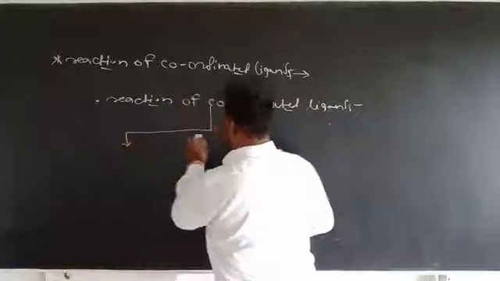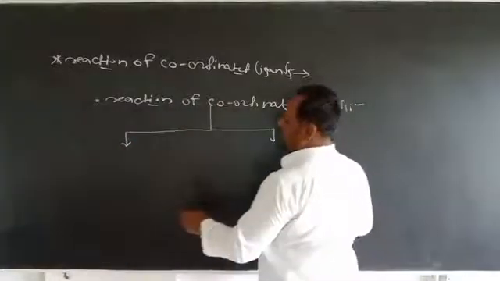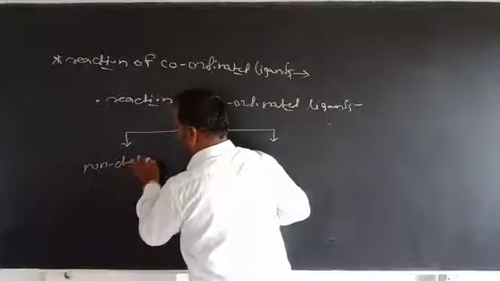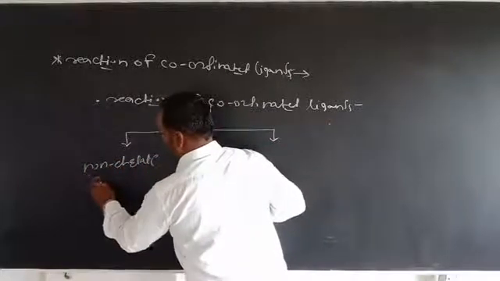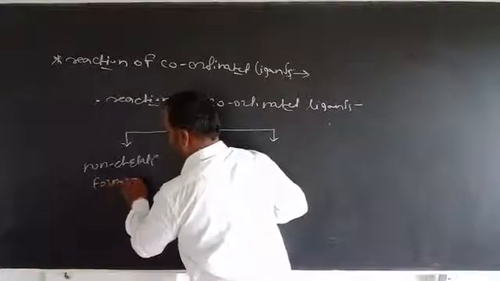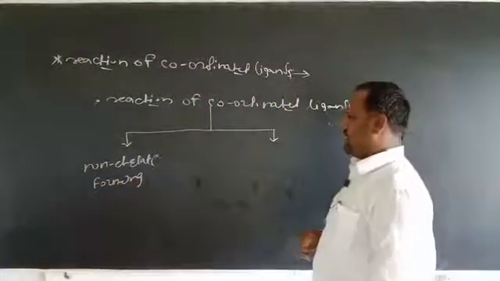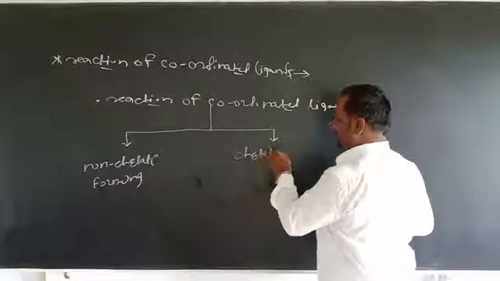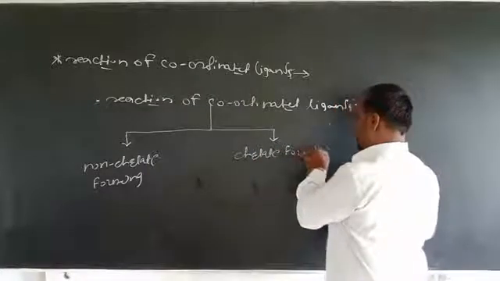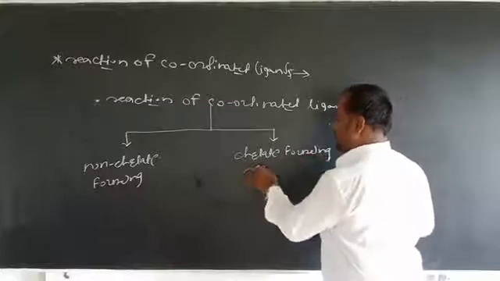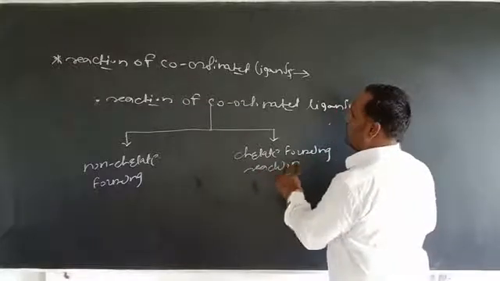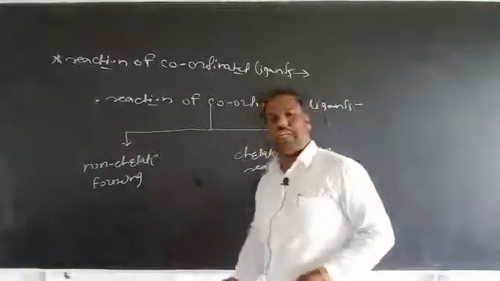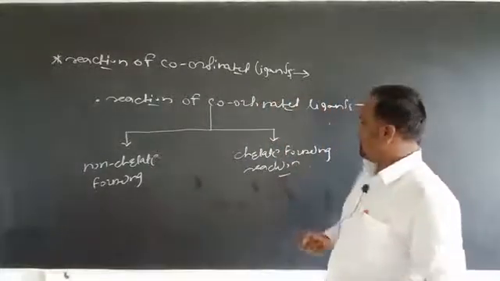One is non-chelate forming reaction, so no chelate is formed in the reaction, and the second is chelate forming reaction. So, the reactions of coordinated ligands are classified into two types: one is non-chelate forming reaction and another is chelate forming reaction.